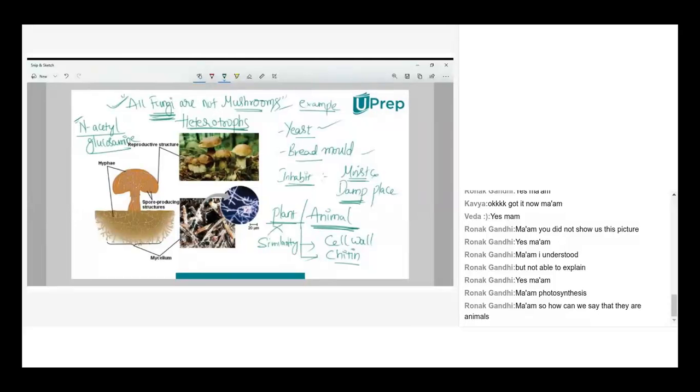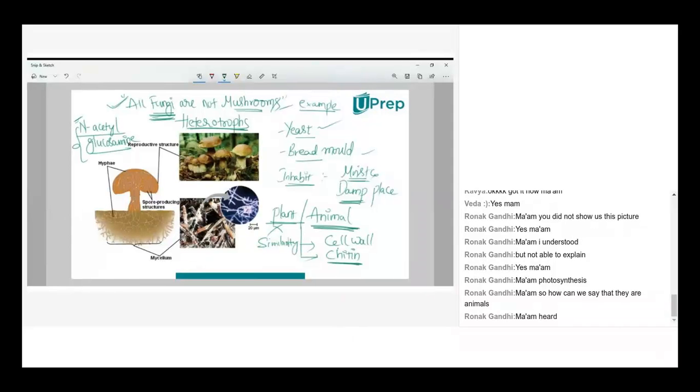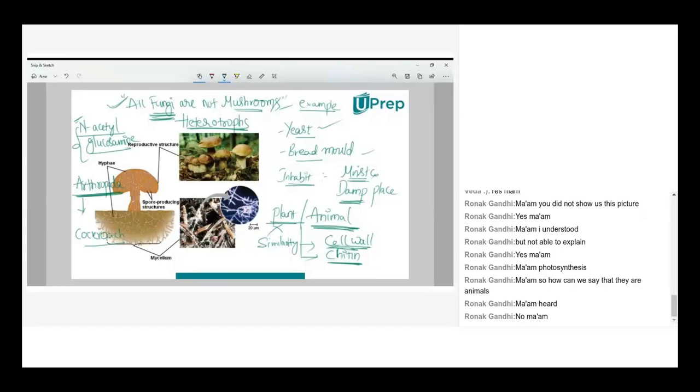Now, chitin is a material made up of the chemical N-acetyl glucosamine, and this chitin material in the cell wall of fungi is similar to the body of arthropoda. Arthropoda, do you know anything about arthropoda? It is an animal group in the animal kingdom where cockroach-like organisms are included.